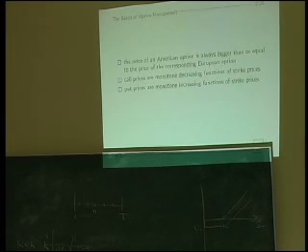Okay, so as I already told you, the price of an American option is always bigger than the price of a European option. The call prices are a monotone decreasing function of the strike price. It's also clear, but maybe I can give some hints.